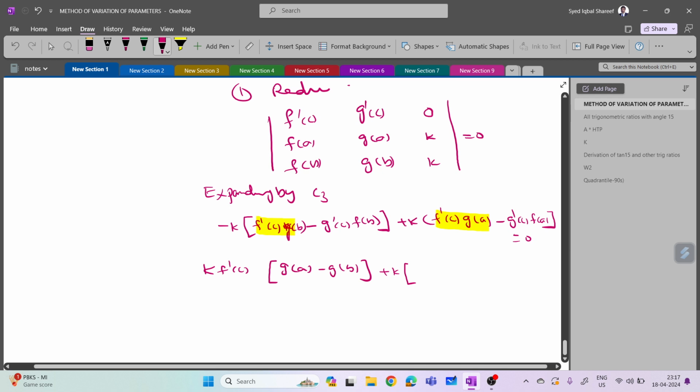If I take minus k g dash c common, what is left is f of a minus f of b equal to 0.